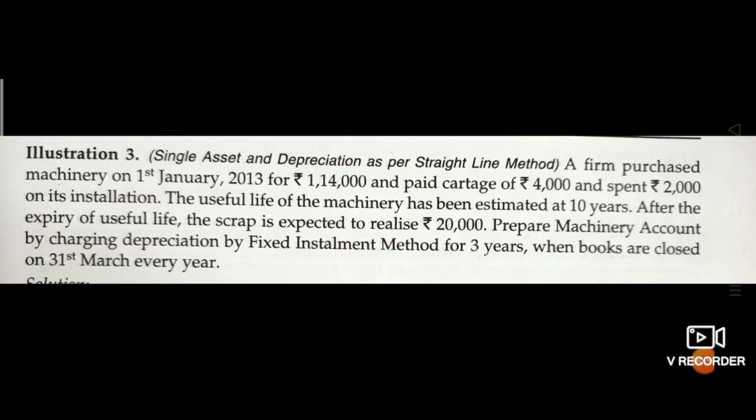So here we have to calculate the amount of depreciation first by using the formula, that is depreciation is equal to cost minus estimated scrap value divided by lifespan, that is estimated useful life of machinery. Then we will calculate the working note for 3 years, and then we will prepare machinery account. We will also prepare depreciation account. Okay, so let's start now.